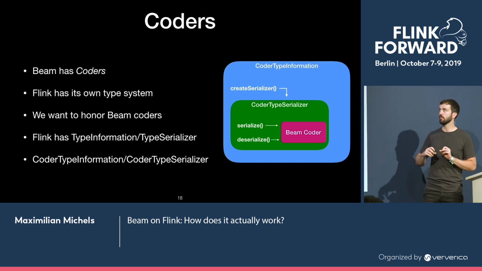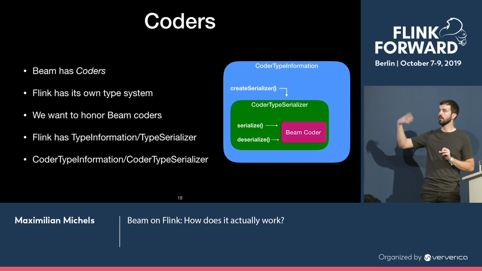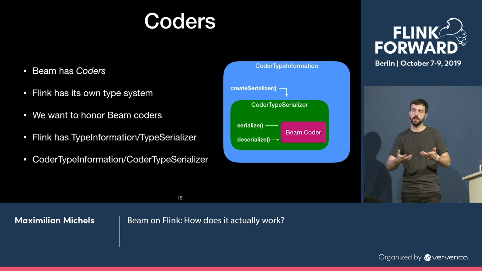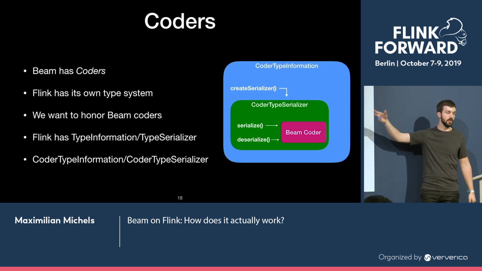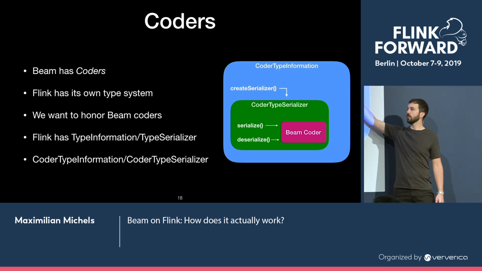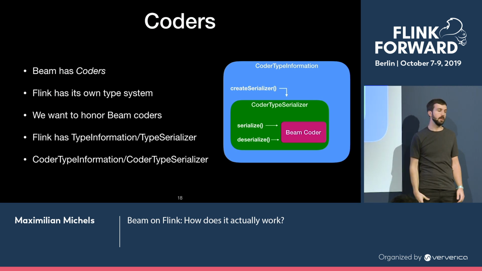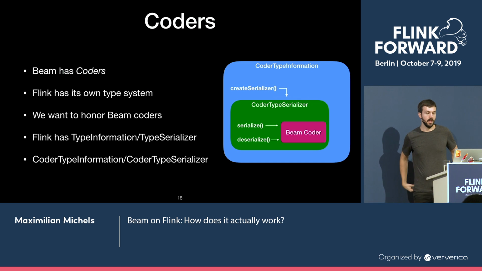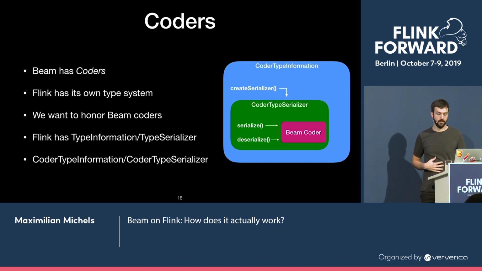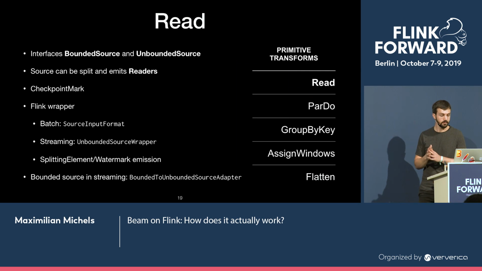And when Flink wants to create the serializer during runtime, we return a coder type serializer, which is a Flink construct, but it contains the Beam coder. That way we can use Beam's coders and support the native serialization that they offer.